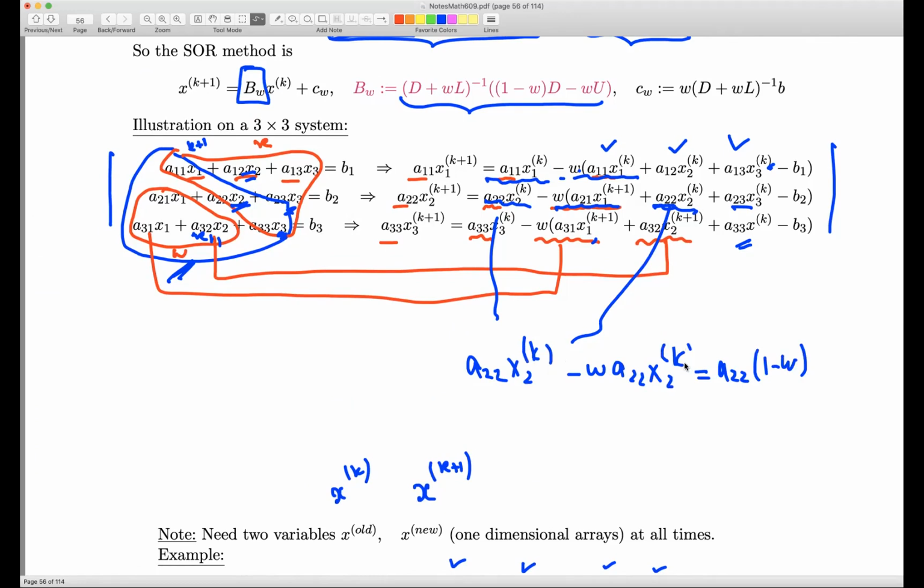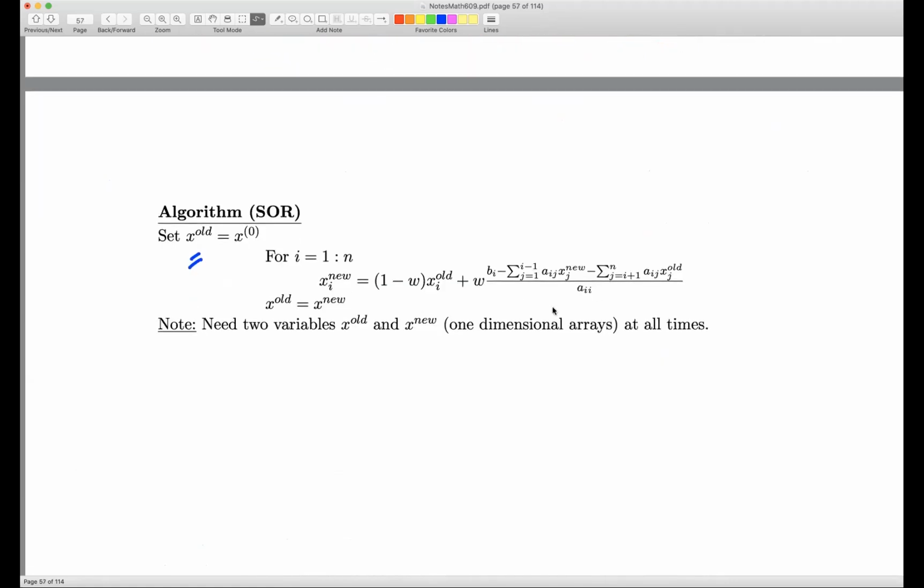Here k is in this parenthesis, x^k, but on this side you will have a22. So when you divide by a22, then this a22 and this a22 will cancel out, and then the a22 will come as a denominator, and that's why you will see here this denominator. So this will be the algorithm.